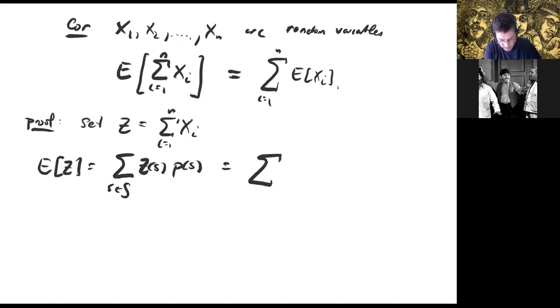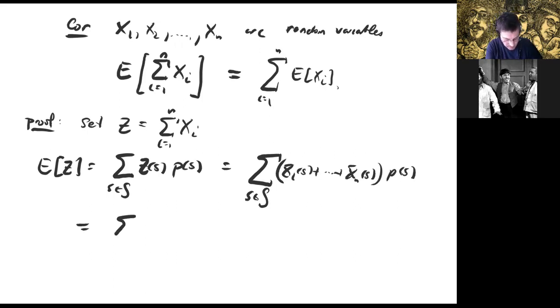So this is the same as the sum over s in S of X1(s) plus X2(s) plus dot dot dot plus Xn(s), times p(s). And now we break it up into n different sums.